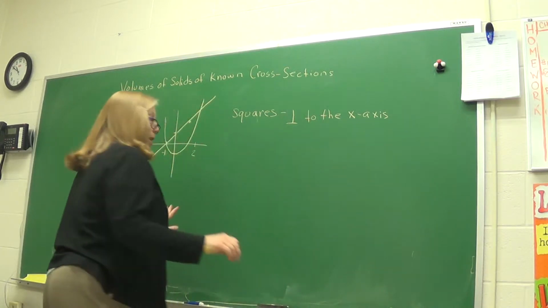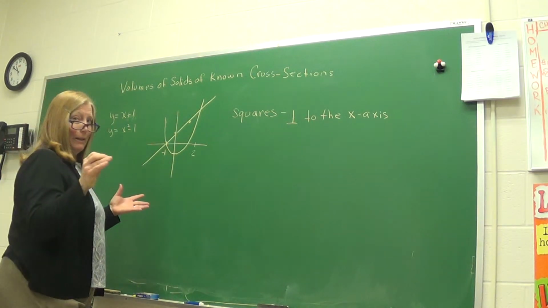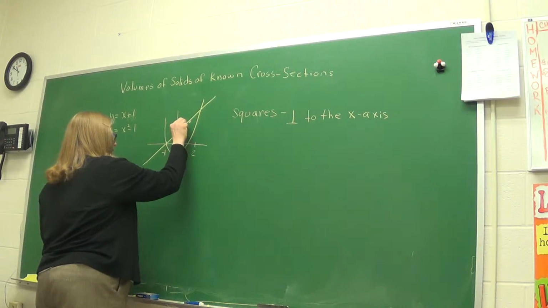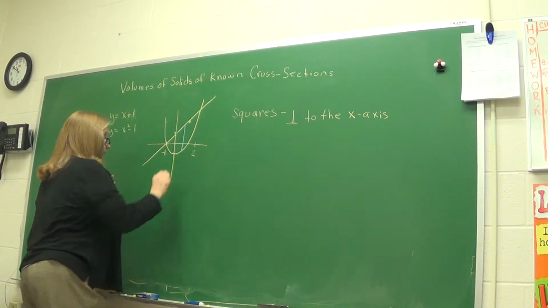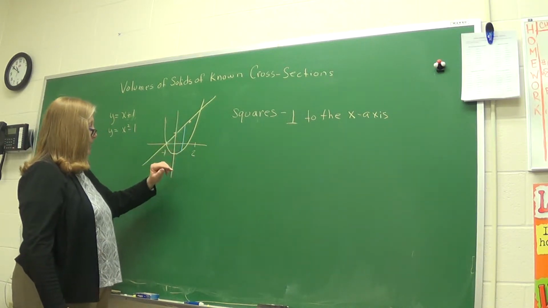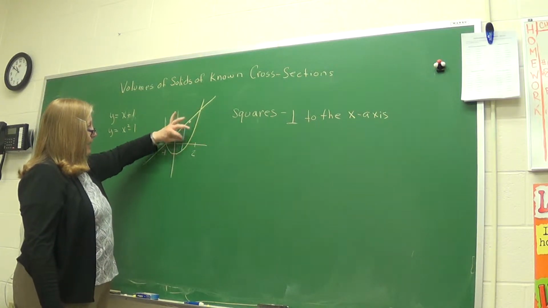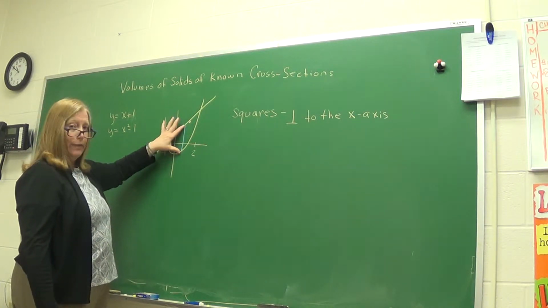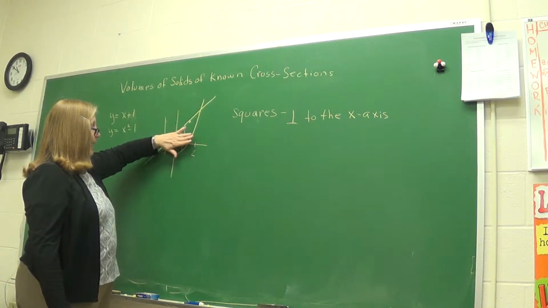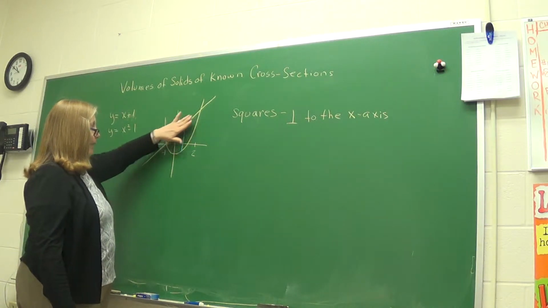So don't draw this on your paper, just watch me for a minute. I'm going to take, say, this part right there, and that is perpendicular to the x-axis, and this is one side of the square. It's sitting flat on this planar figure here.